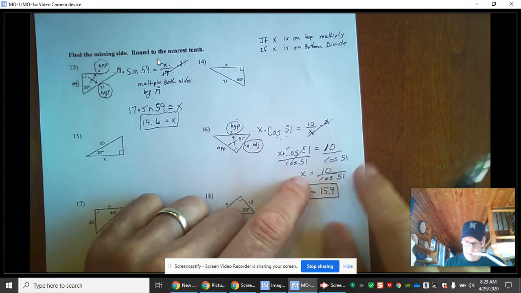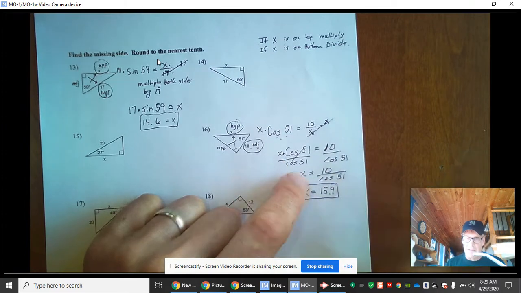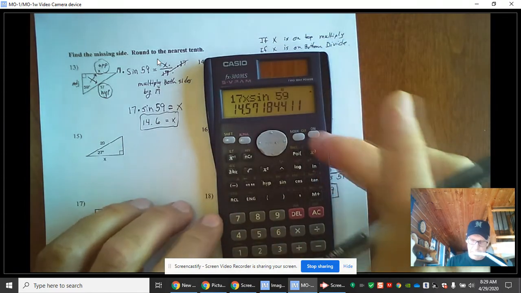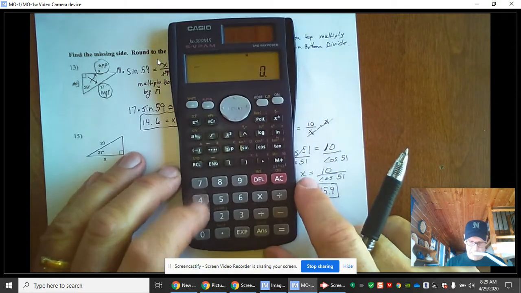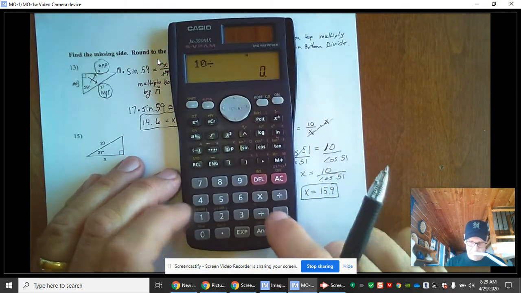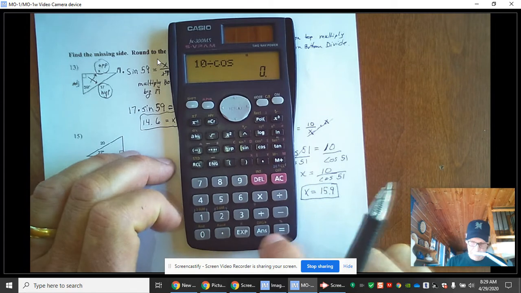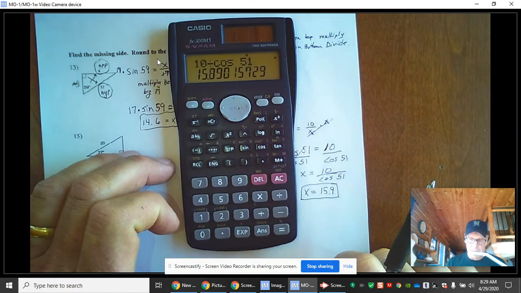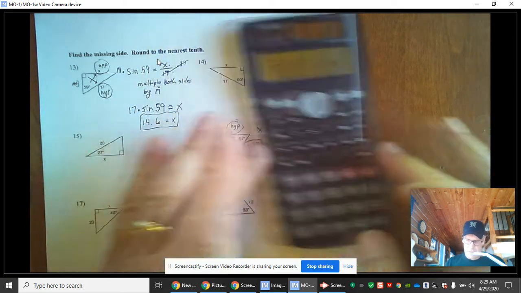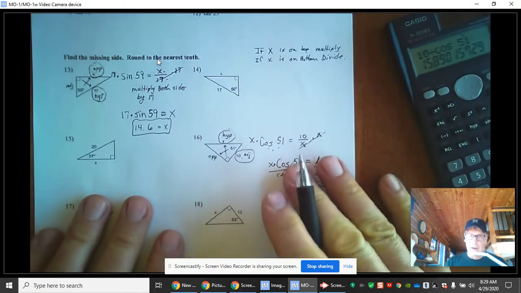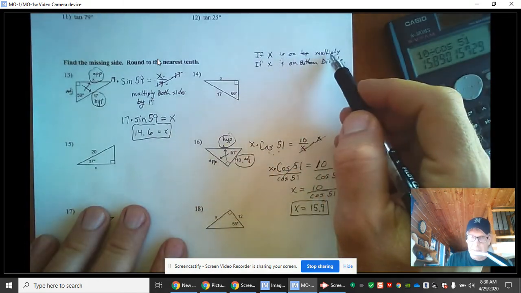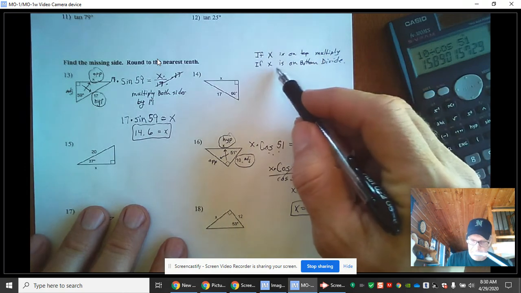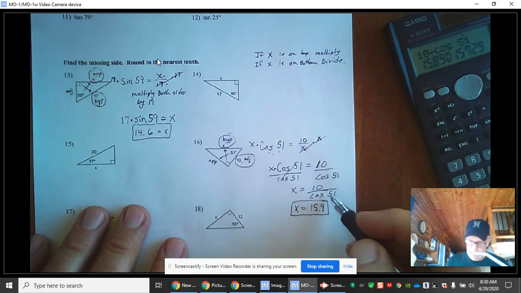So I get x equals 10 divided by the cosine of 51. So grab your calc, just take 10 divided by the cosine 51 degrees. And I get 15.9. So one more time. If x is on the top, you're going to multiply. Basically, if it's on the bottom, you're going to divide.